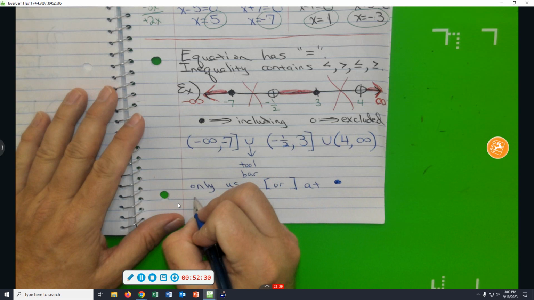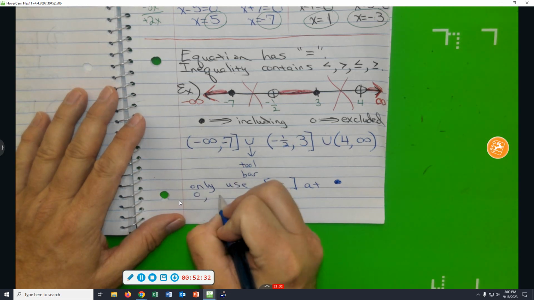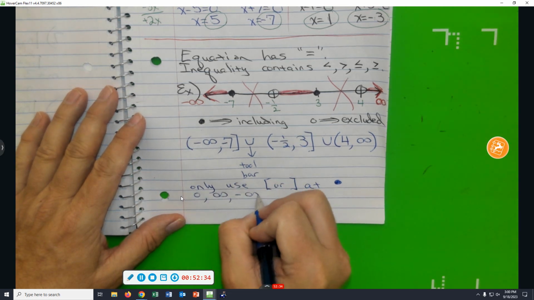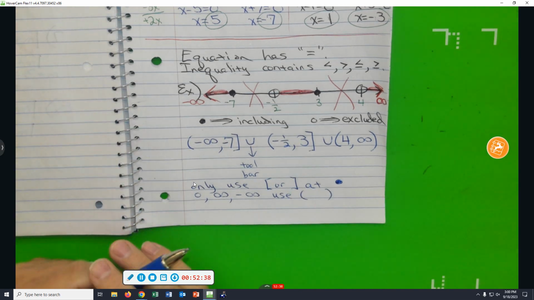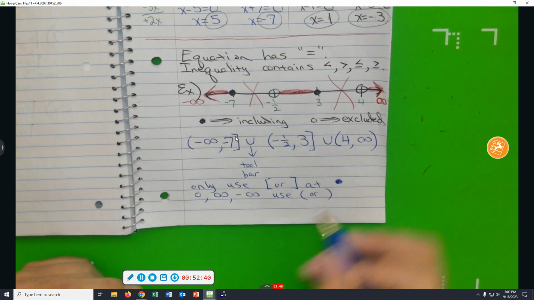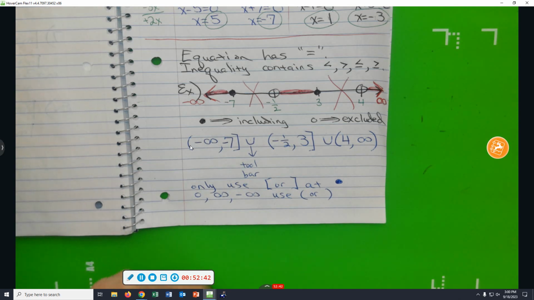So, open circles, infinity, negative infinity, use a parenthesis. Because it wouldn't make sense to talk about including negative infinity. Negative infinity is just what we're using to represent this arrow. It wouldn't make sense to talk about including this arrowhead here, okay?